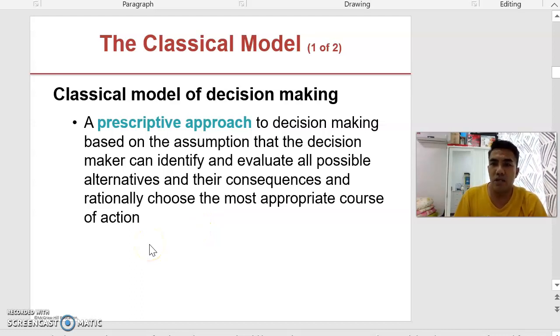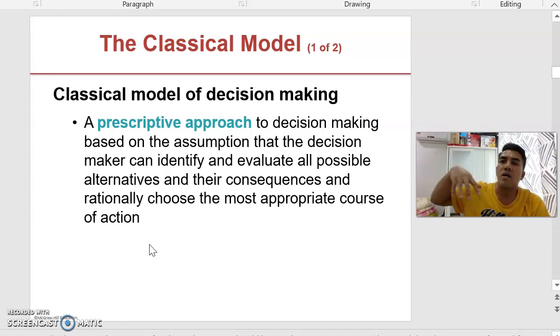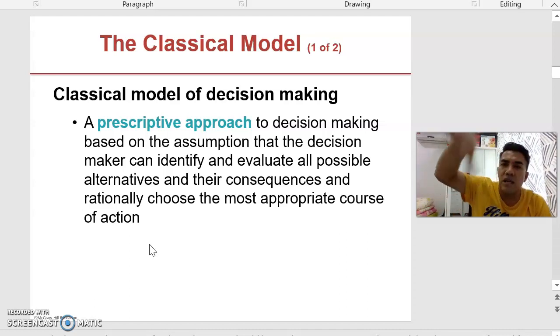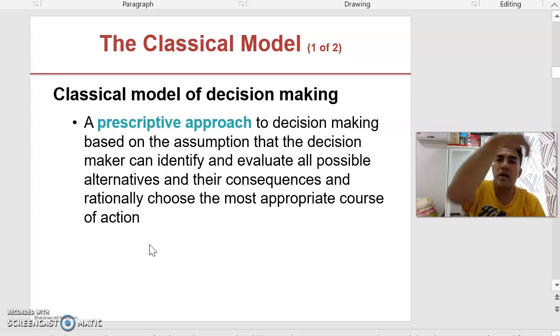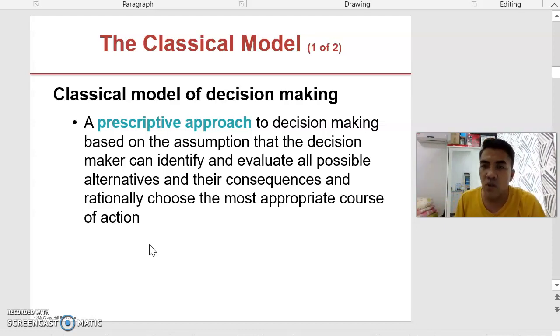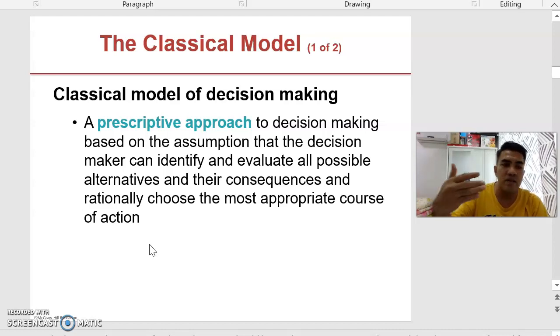We talk about a decision making process with the assumption that we as the decision maker can identify and evaluate all possible alternatives and their consequences rationally. So meaning to say that we as the decision maker, kita sedia maklum lah all the information relating to that particular issue, what are the options, and then what are the consequences if we don't make that decision.